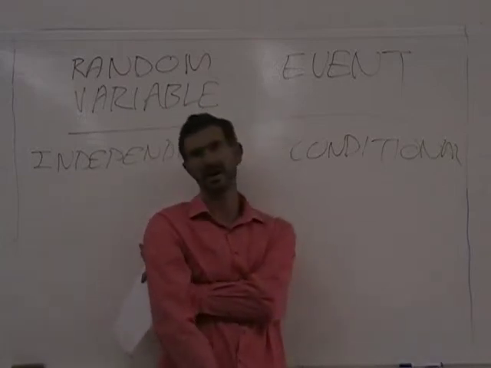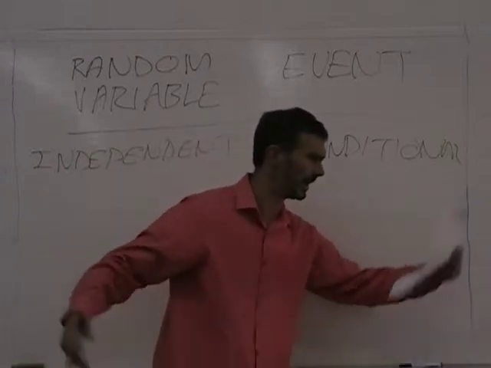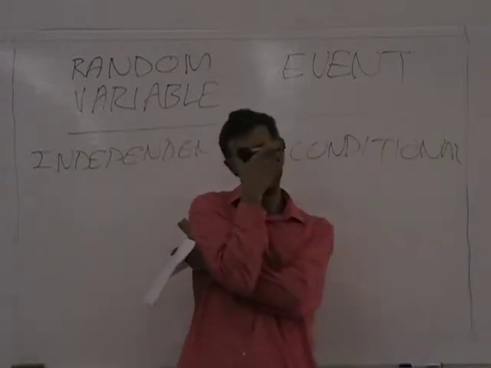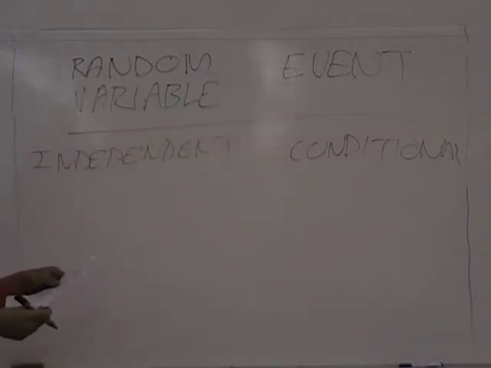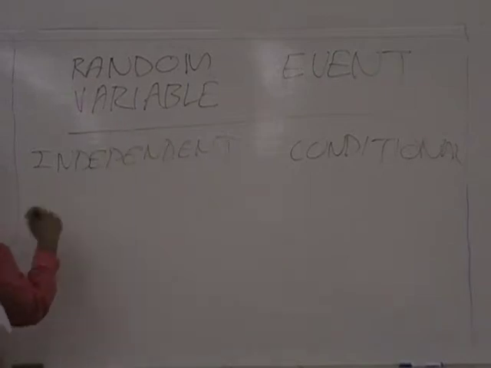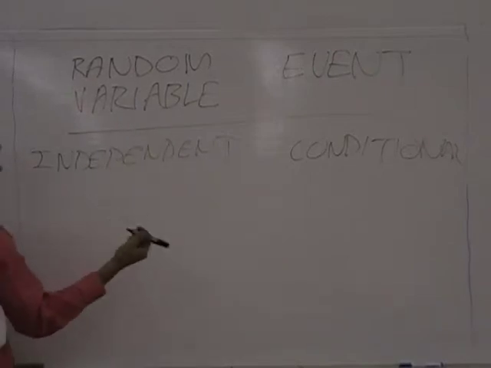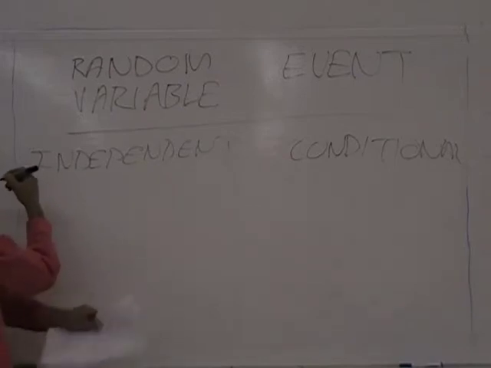The probability of being on, I'll do my example. Statistical independence versus conditional dependence, conditional probability, joint.